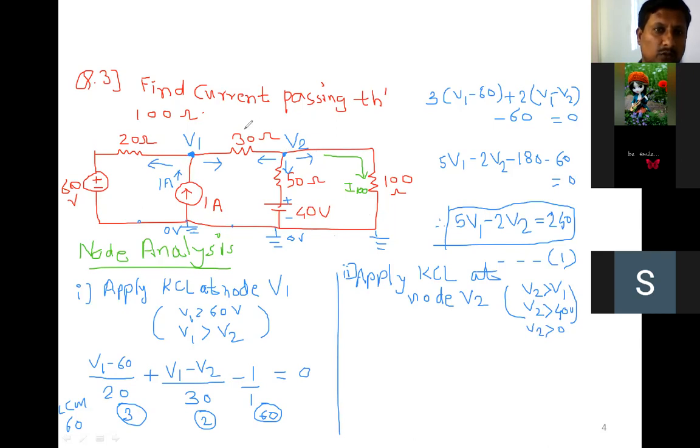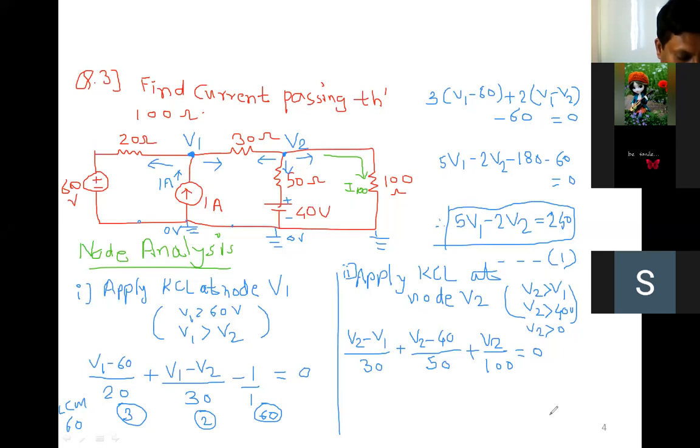So first of all, write V2 minus V1 divided by 30, next plus V2 minus 40 divided by 50, next plus V2 minus 0 divided by 100, that is V2 divided by 100. Okay, so this is the equation.